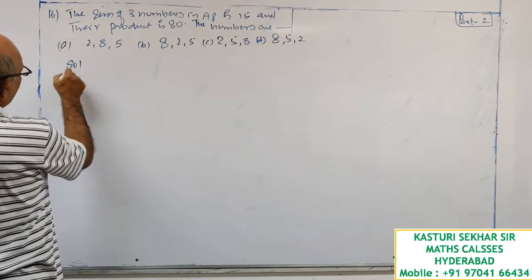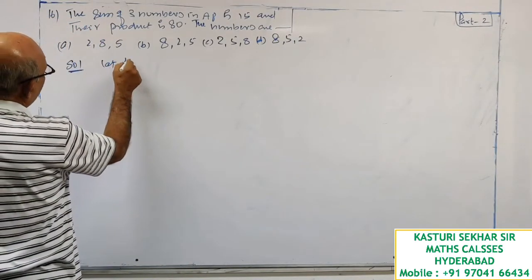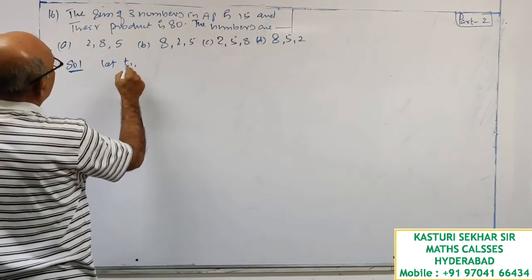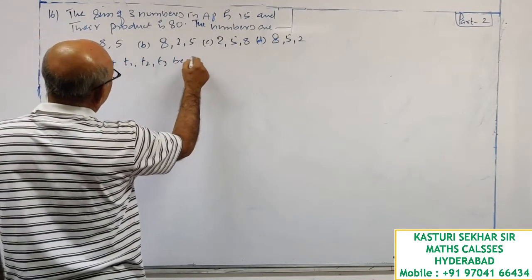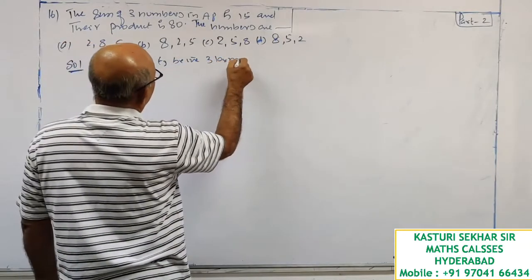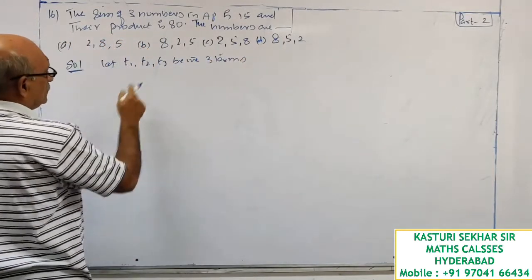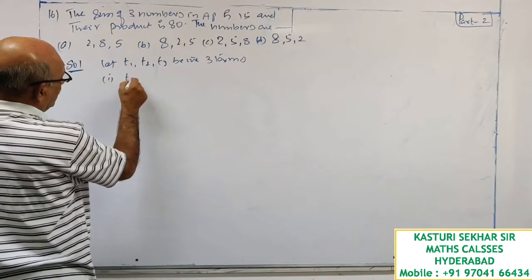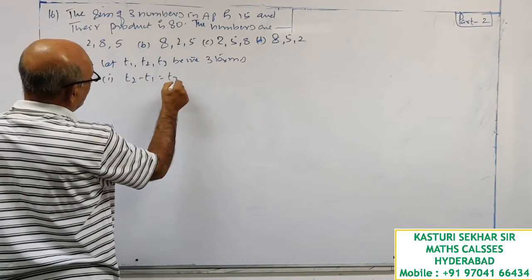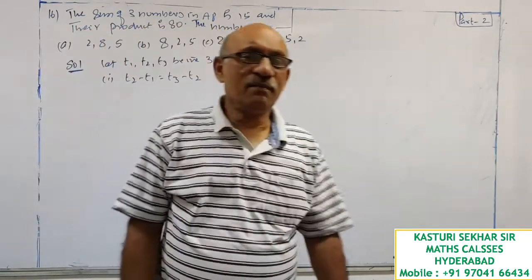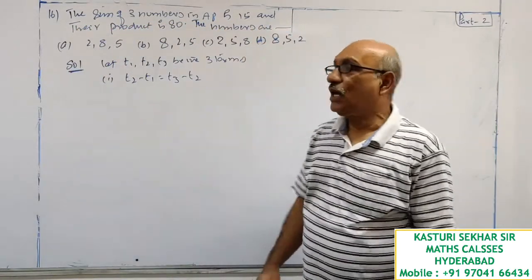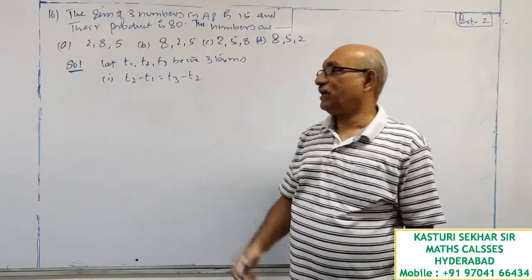How to proceed for this? Let T1, T2, T3 be the three terms. So first condition is T2 minus T1 is equal to T3 minus T2. The given numbers are in arithmetic progression only when their common difference is same.